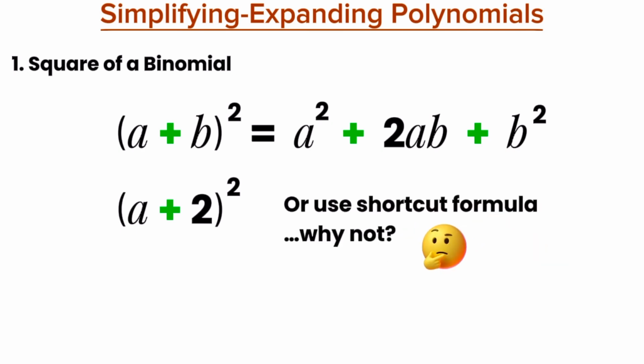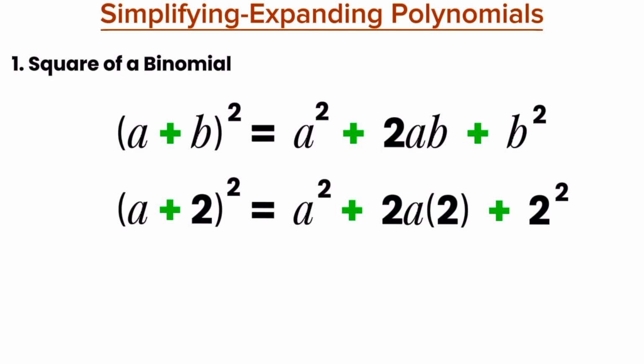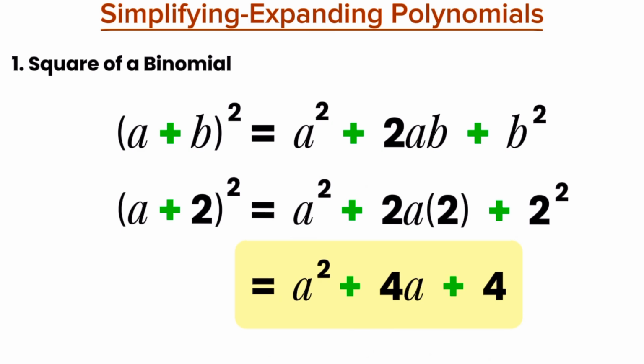Or you can use the shortcut and plug the values in the expanded expression. So a is itself and b is 2. Therefore, a plus 2 squared is equal to a squared plus 2 times a times 2 plus 2 squared. Do the calculations and get an expanded answer of a squared plus 4a plus 4.